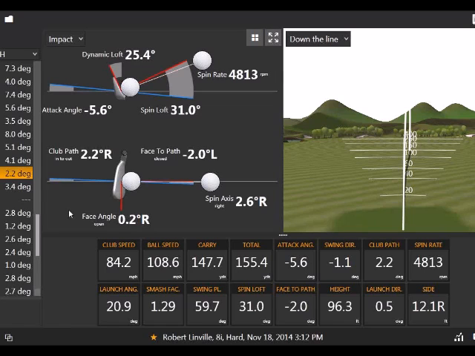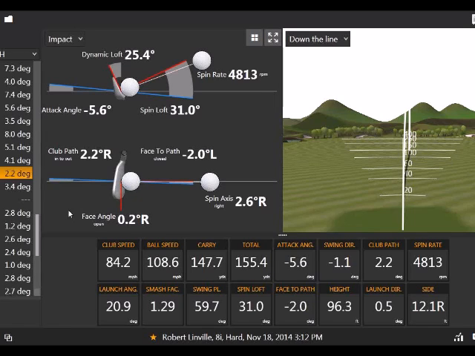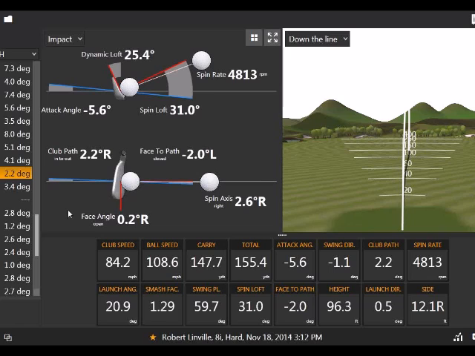Another big factor for me is this one right here, swing plane. The 59.7 is the degree angle that this club is coming in on. If you know your club lofts and lies, you would think 59, or under 60 degrees, with an 8-iron is kind of low.